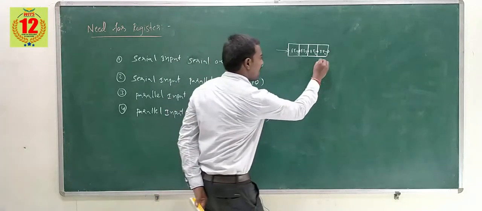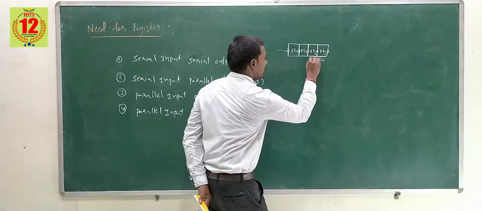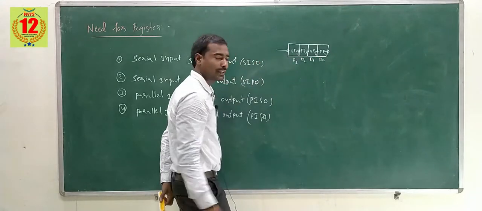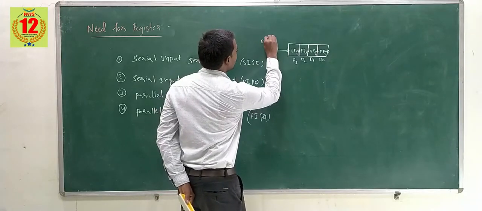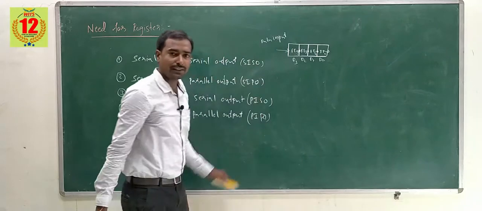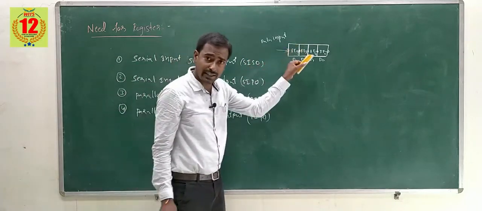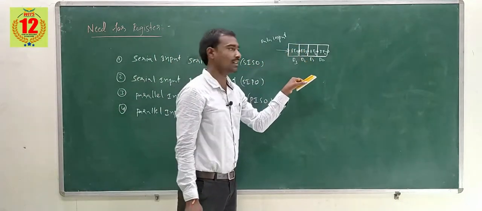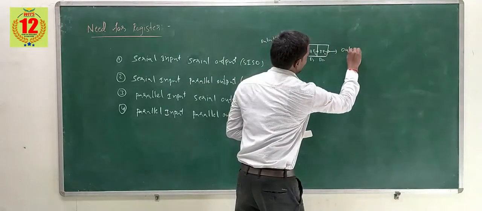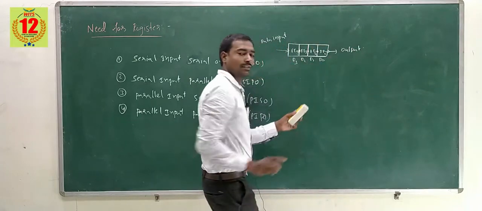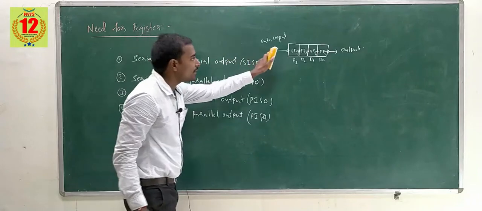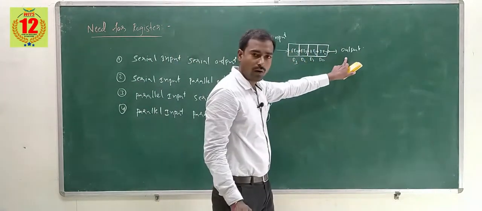I am taking the data D0, D1, D2 and D3, and this is the data input. I am giving the data input in serial form, that is unidirectional, and I am getting the output in serial. So that's why this is called serial input, serial output.